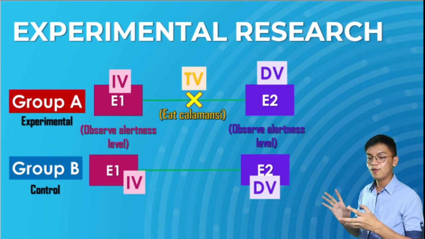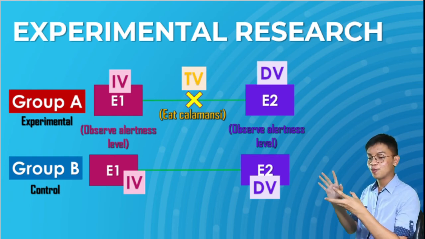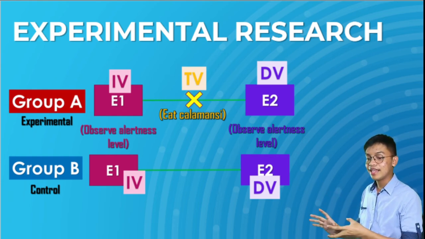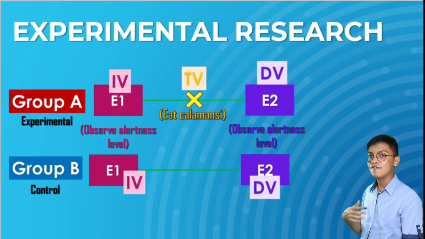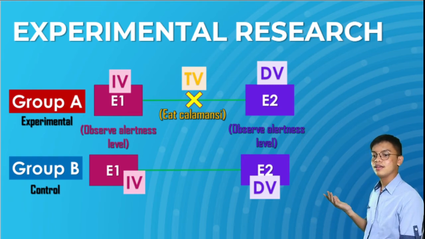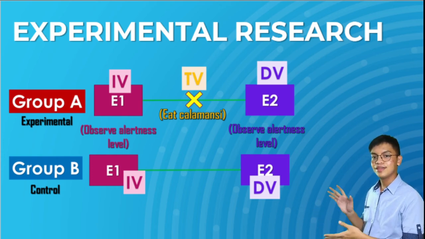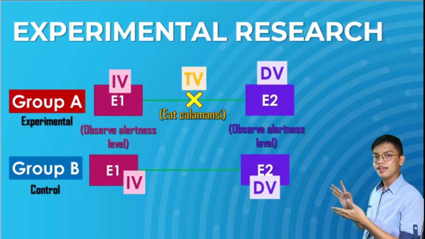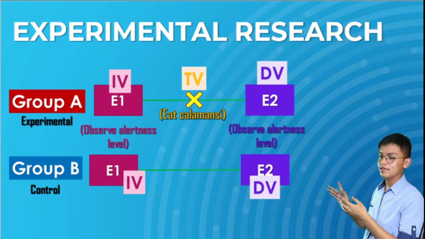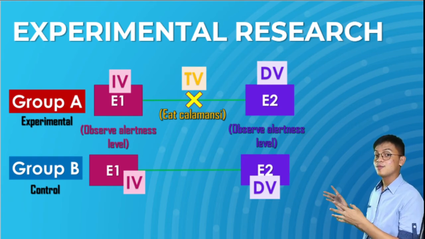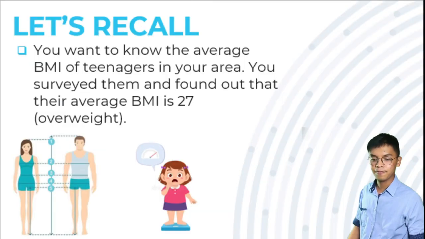She now tried to compare the data taken from Group A to the data taken from Group B. And she found out that yes, giving calamansi can increase the alertness level of students. So this simple and humorous study is experimental in design.